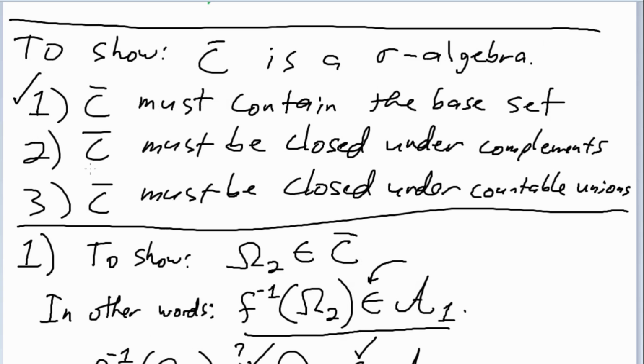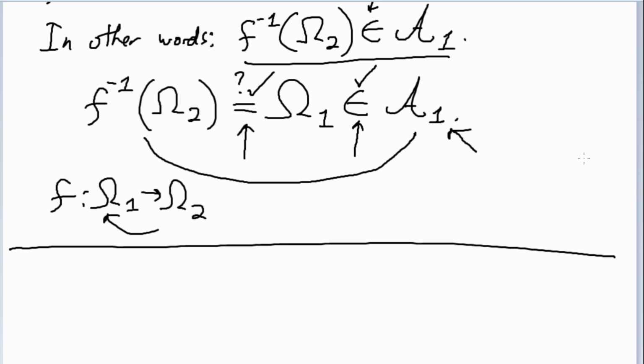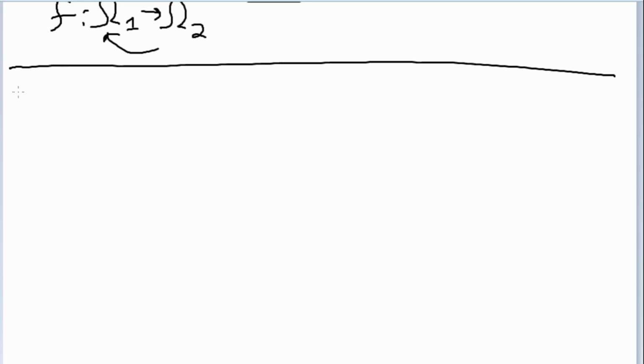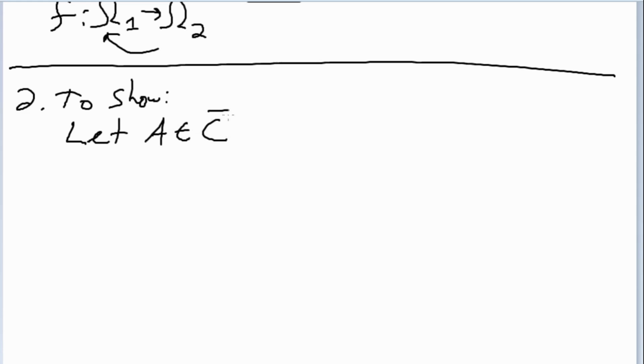Now we need to show that C must be closed under complements. And now that we know that omega 2 is in C bar, we can talk about complements. So here's the second part. We need to show, so first of all we'll say let A be an element of C bar.